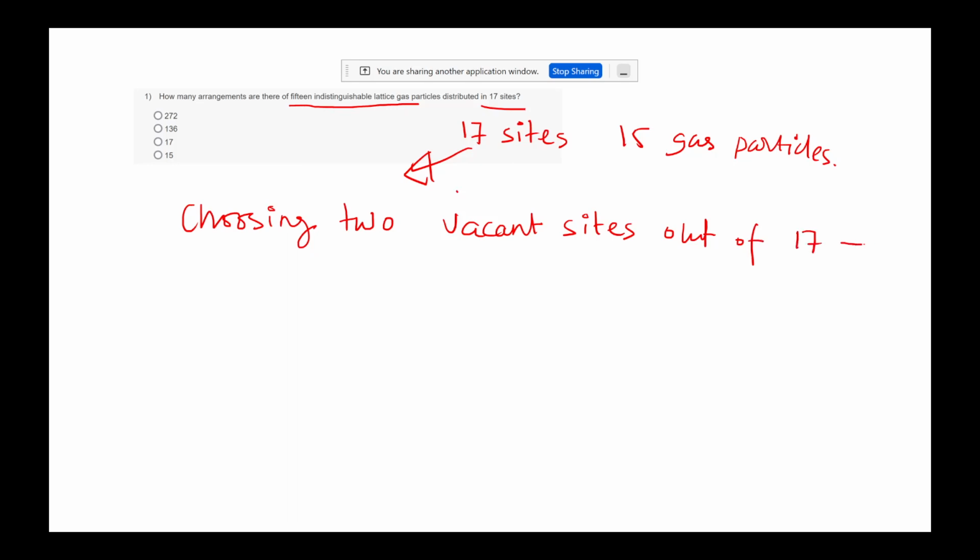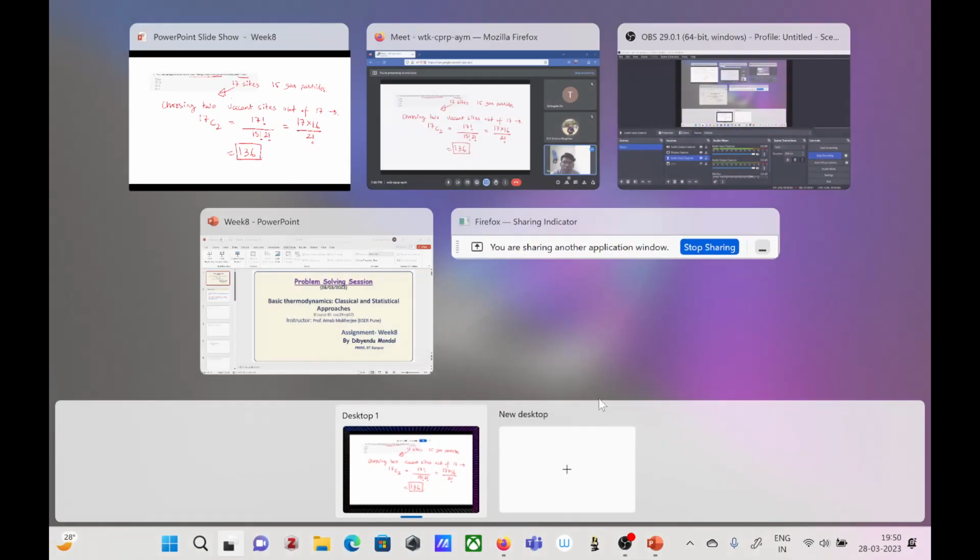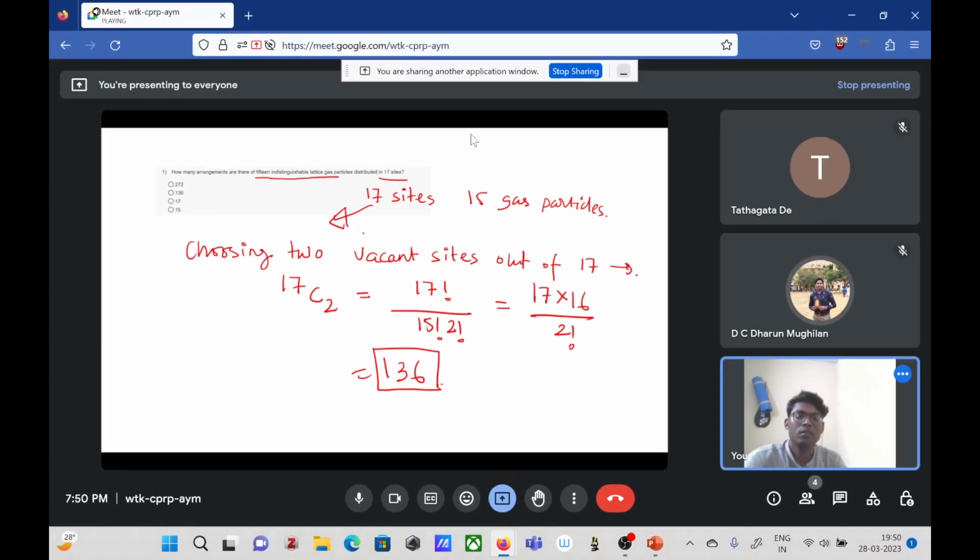So it will be 17C2, that gives 17! / (15! 2!), and it makes 17 times 16 by 2 factorial, that makes 136. Is it okay, Mugilan? Is it clear now? Yes, sir. Thank you.